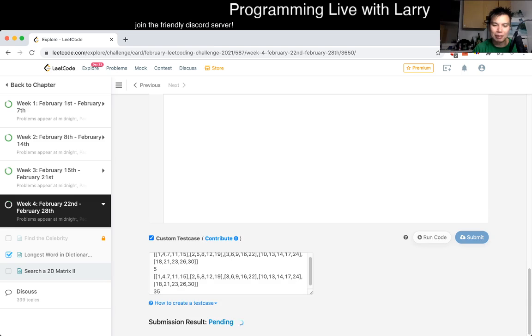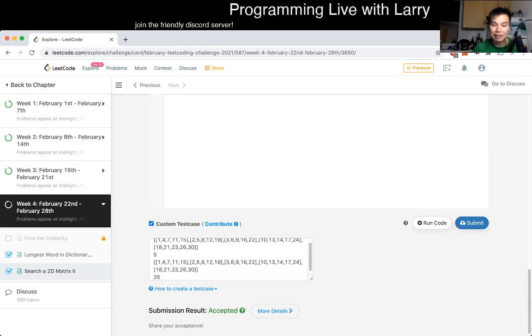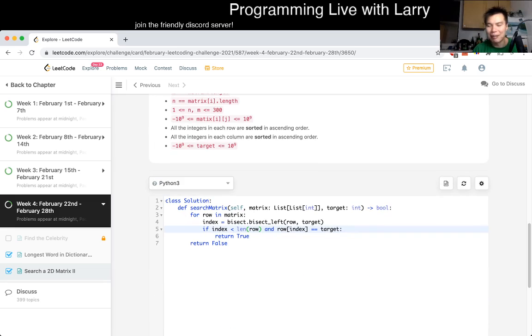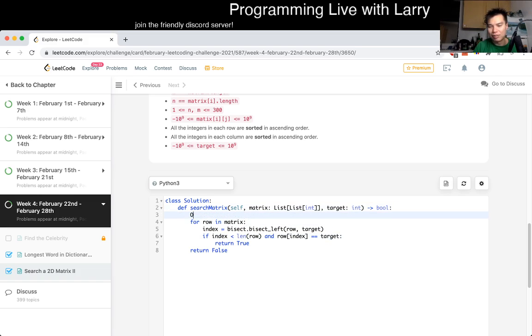Oh yeah, so this is going to be m times log n, I'm just going to say m times log n. You could actually make it a little bit better by transposing the matrix, or something like that. Maybe not actually transposing it, but basically binary search the dimension that is longer. But I trust you know how to do it if you need to. I don't know if this is m times log n or n times log m, whatever, but same idea.